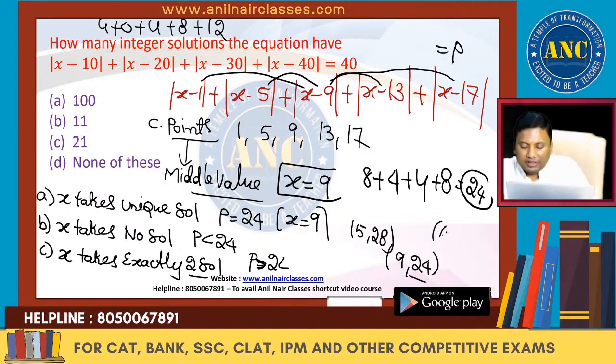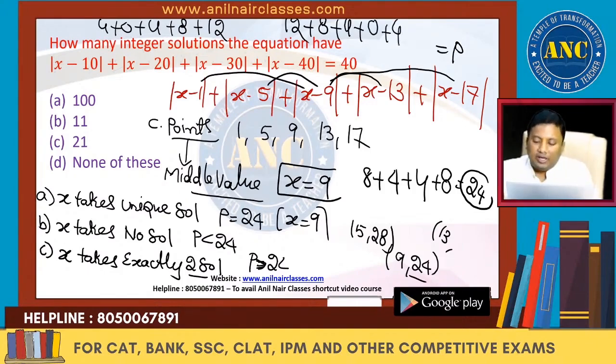Let me do it for 13. 13 minus 1 is 12. 13 minus 5 is 8. 13 minus 9 is 4. Then 0 and 4. 20, 28. Now if you observe, for 28 I got exactly two solutions.